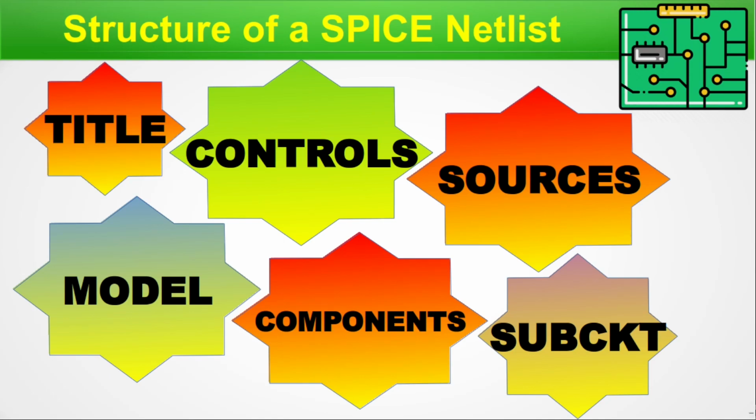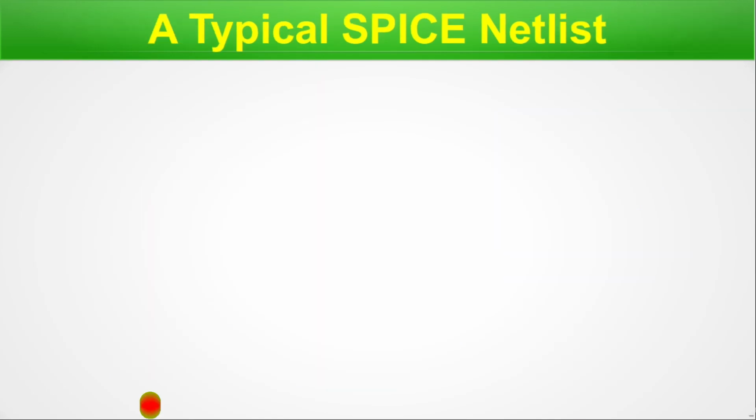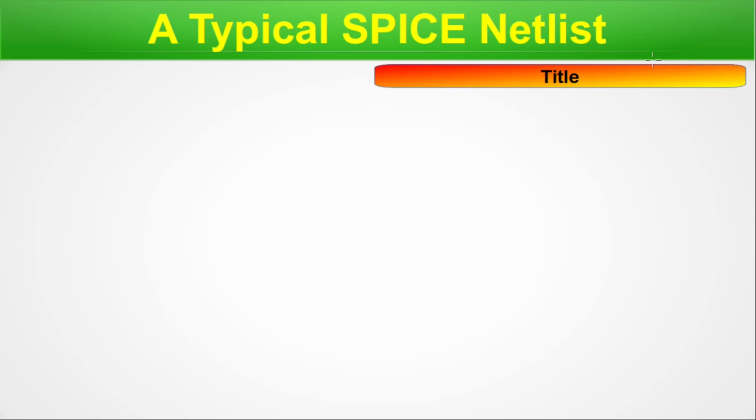We are done here. Let us move on to the next slide. A typical SPICE netlist. Here we will go through the different parts of a SPICE netlist line by line. First, we will have a flow chart where we'll show what the parts are, and then we'll have an example, so side by side I will map those things. First, there will be the title as we have learned in the previous slide.